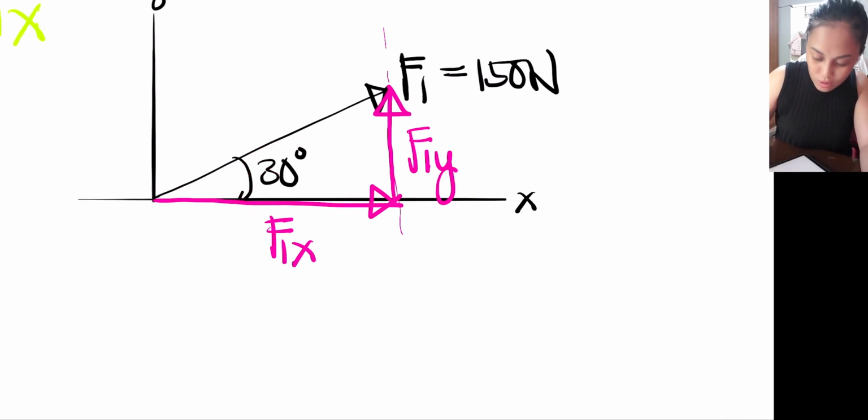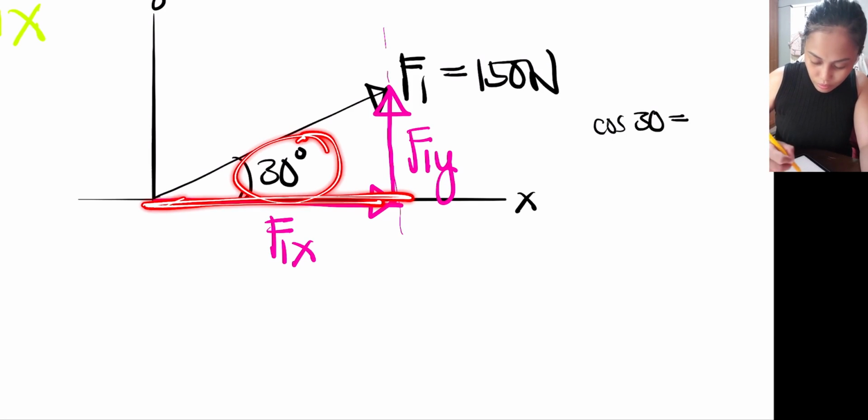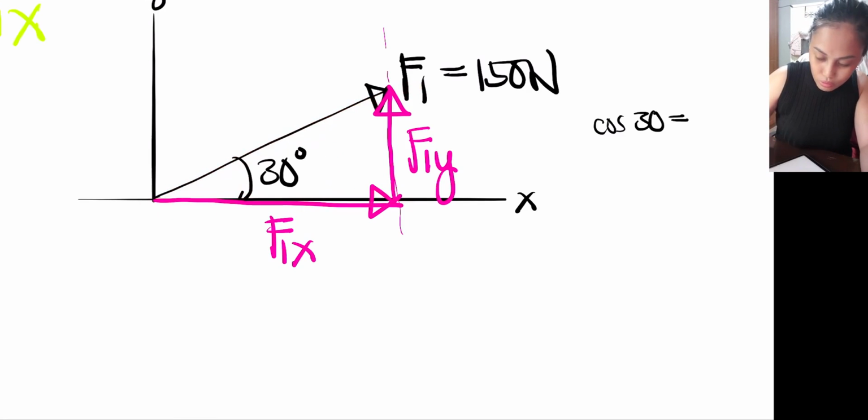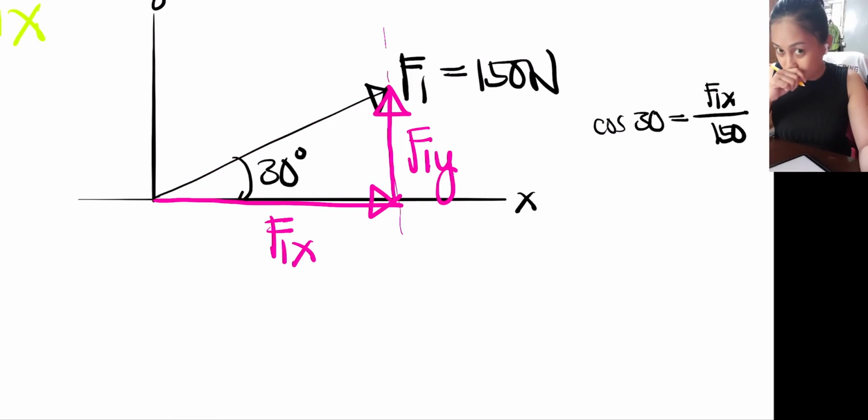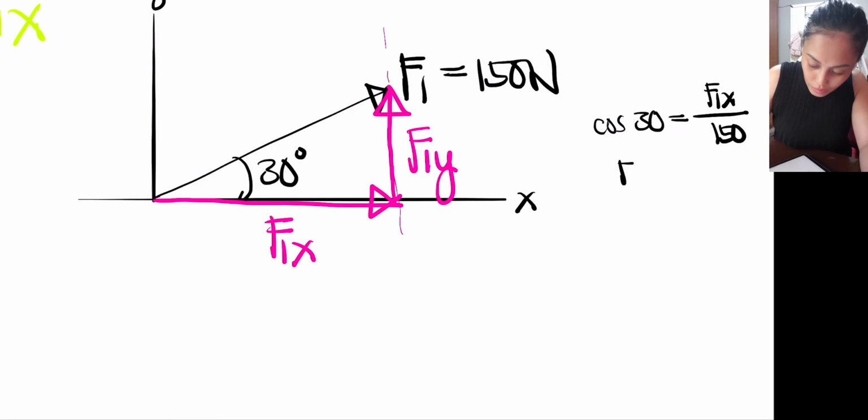So, cosine of 30 is equal to, cosine of the angle is adjacent over hypotenuse. So, F1x over 150, or F1x is equal to 150 cosine 30 degrees.